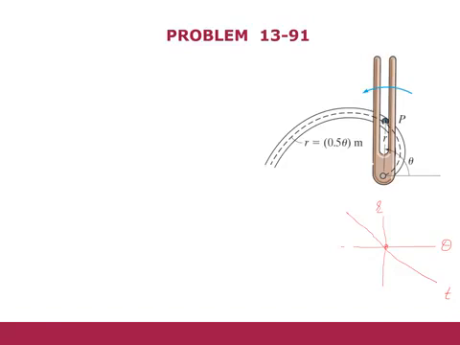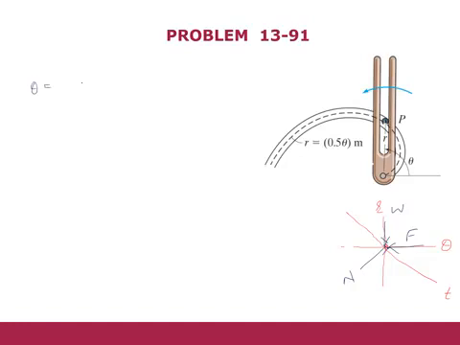We have a force over here, which is weight. We have a force of the rod, and we have the normal force, which is perpendicular to that tangent line, right?